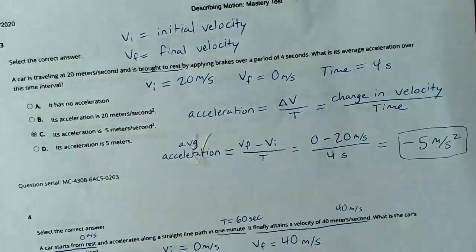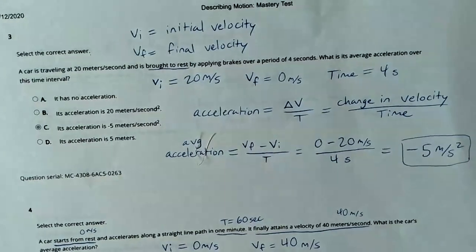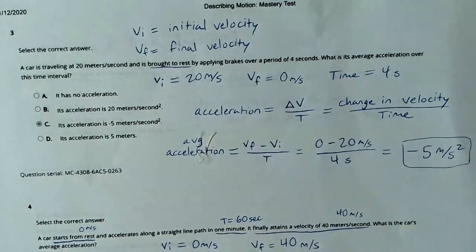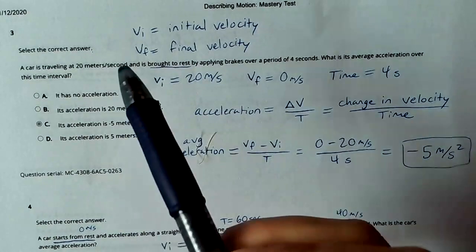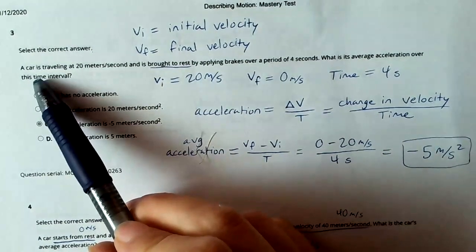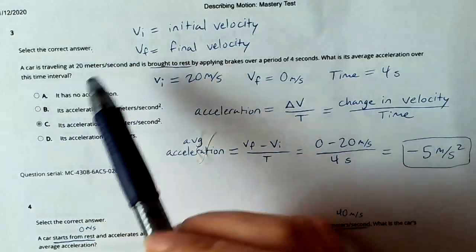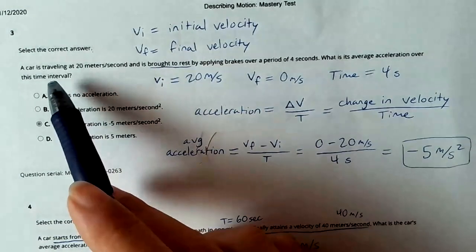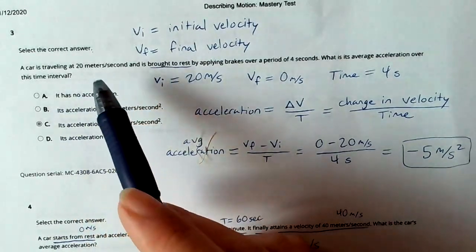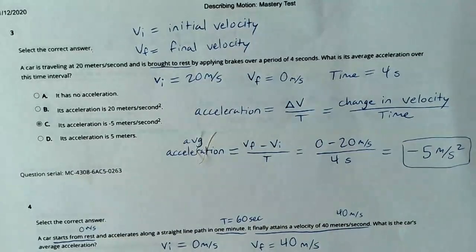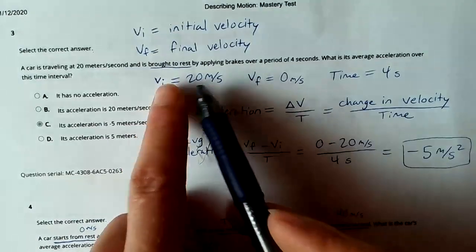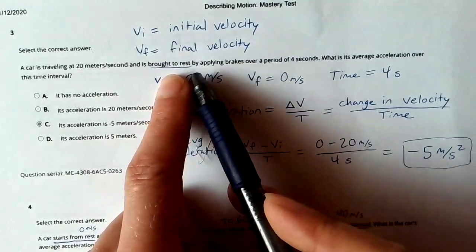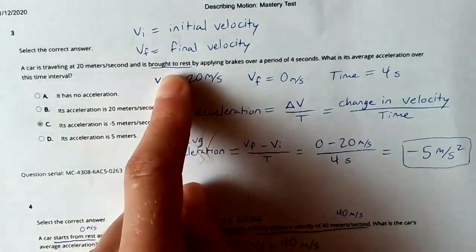Okay. Number 3. This one's a little more complicated, okay? But let's take a look at the situation. You're given all of the information you need in the question prompt. So a car is traveling at 20 meters per second and is brought to rest. Anytime you see rest, think of 0 meters per second.